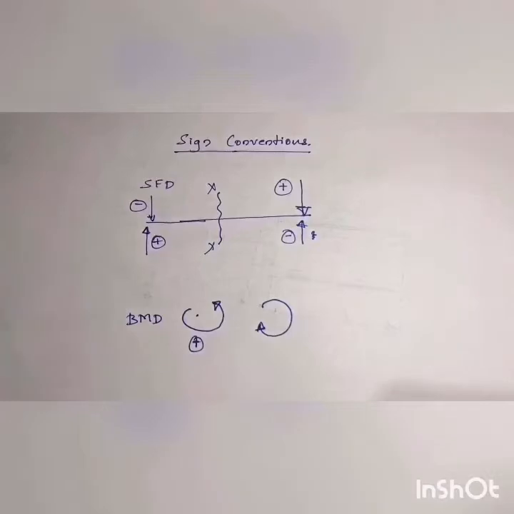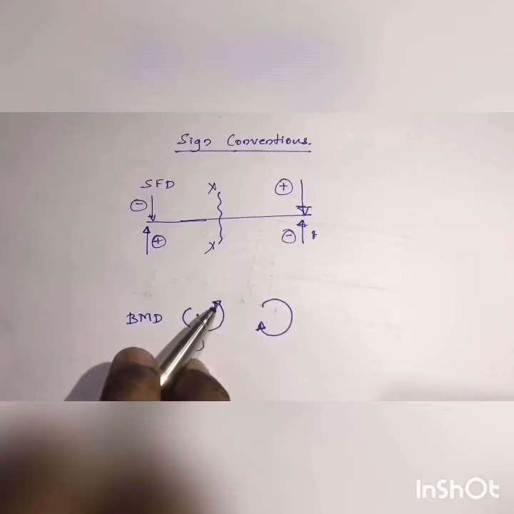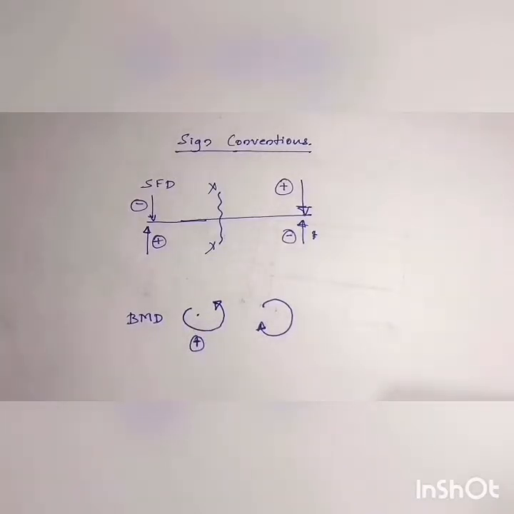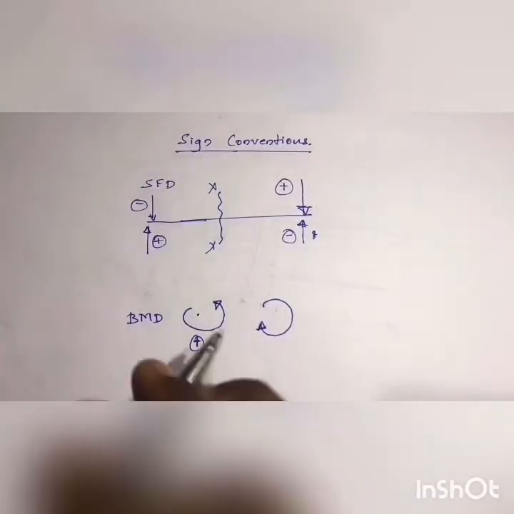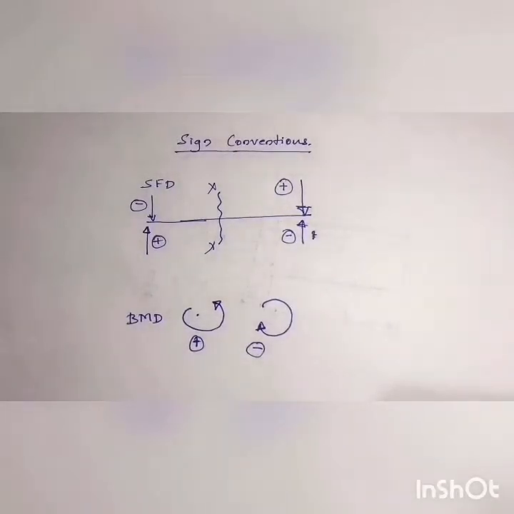You can remember it in a very simple manner: right side downward load is positive, so that you can avoid the confusion. Now let's come to the sign convention used in the bending moment diagram. It's also quite simple. The moment or couple which is acting in the anti-clockwise direction is taken as positive, whereas the clockwise moment is taken as negative.